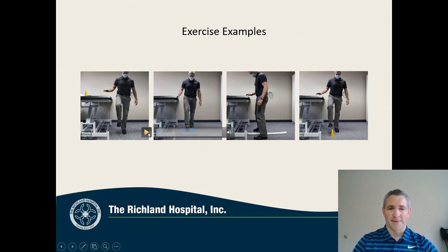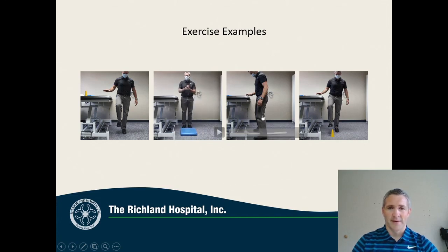The next example here, I'm standing on a soft surface, and you can see I'm tapping my heel forward and my toe backward. This would be a more advanced exercise. And then you can also go kind of out to the side and across. This is more lateral balance and stability.